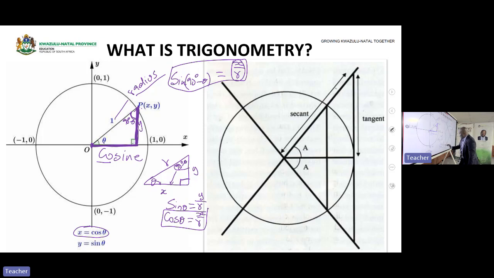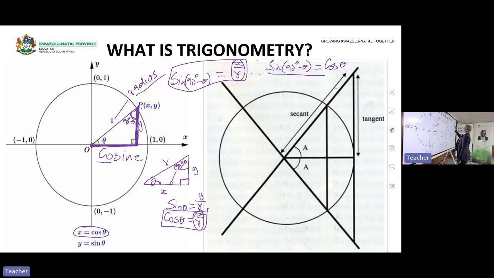Therefore, sine of 90 minus theta is the same ratio as cos theta. I want to believe that we all understand what we have just dealt with now.